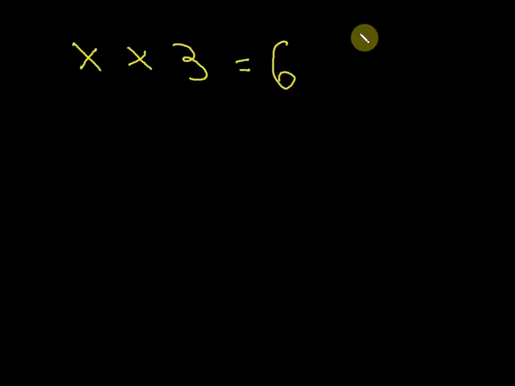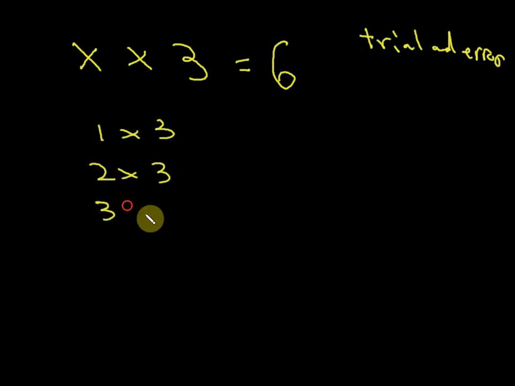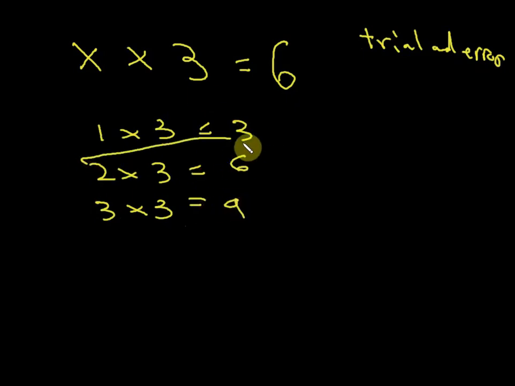And I mentioned trial and error. So we can always do 1 times 3, 2 times 3, 3 times 3, right? 3, 6, 9. And then through trial and error, you would find that this is your answer. But again, as I showed you in the first lecture, we don't have time for that, right?